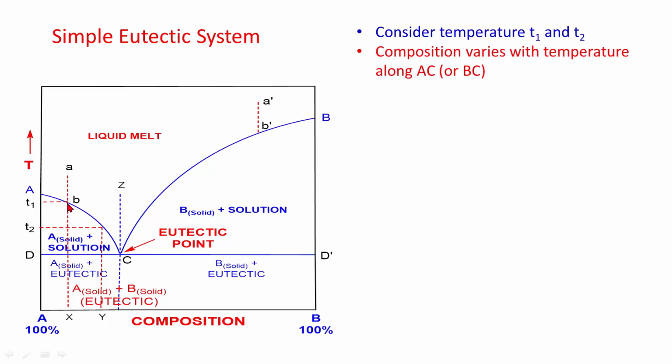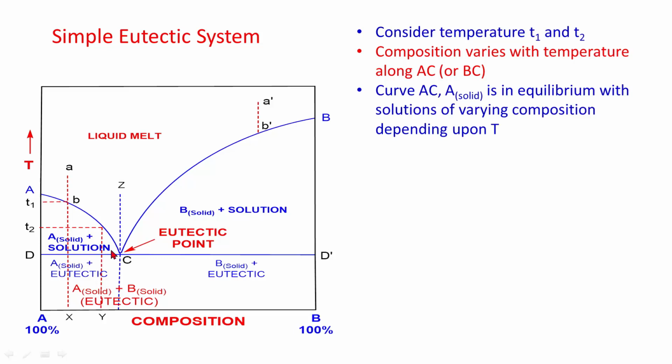Composition at T1 is X and composition at temperature T2 is Y. That means when there is a decrease in temperature, solid A is separating out and composition of melt is changing. Along curve AC, solid A is in equilibrium with solution of varying composition depending upon the temperature.